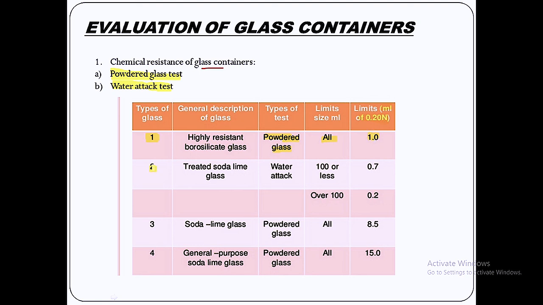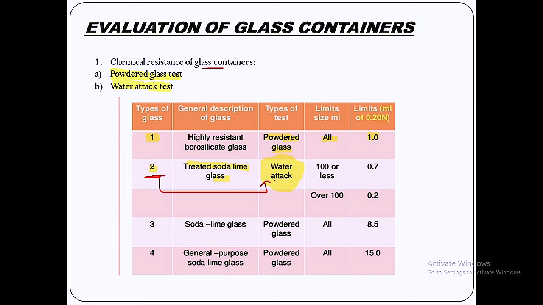For the second type of glass, we have treated soda lime, we know that, and we do the water attack test. It is very important that the water attack test is the main test for type 2. Always remember, for types 1, 3 and 4 we have the powdered glass test, and for type 2 we have the water attack test.